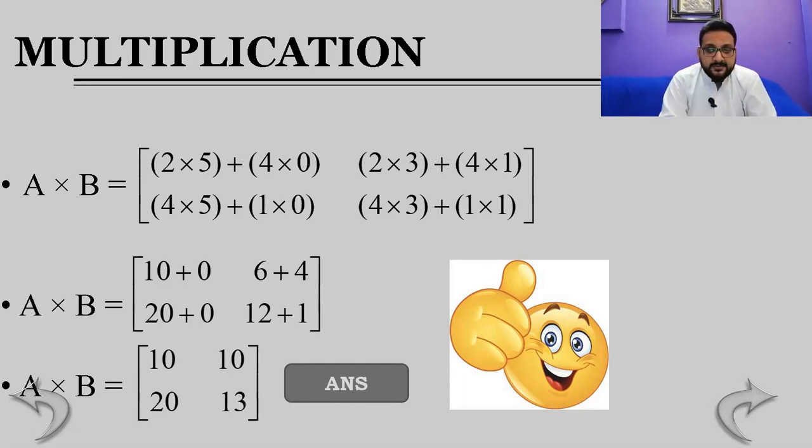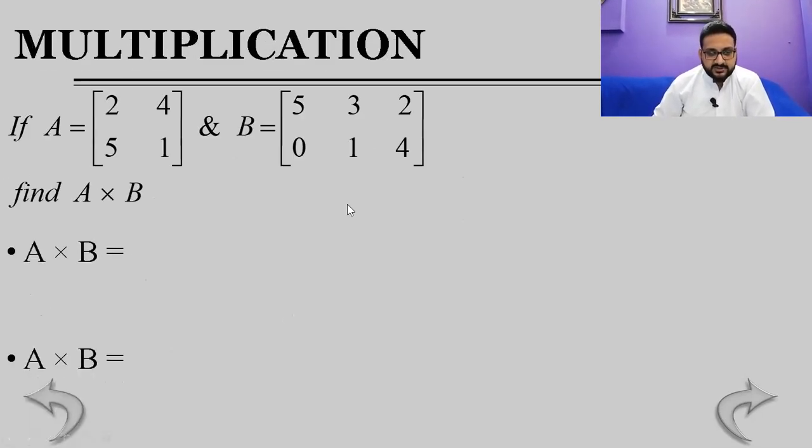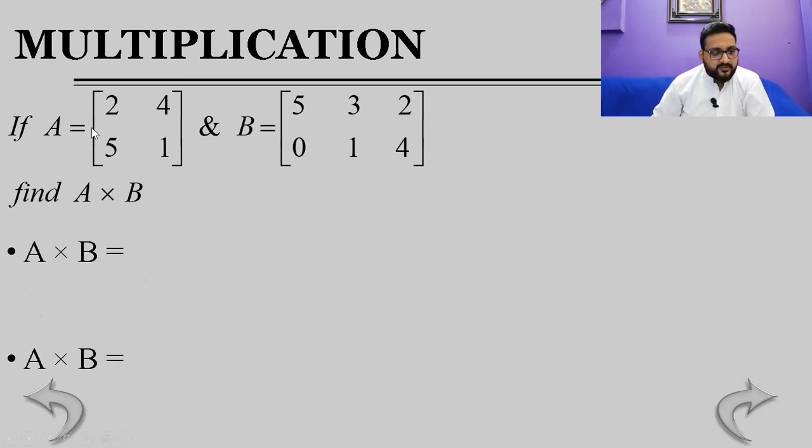Now I'm moving to the new question. Okay, so you must be here with me. What is the next question? If the value of A is 2451, and the value of B is 532014.